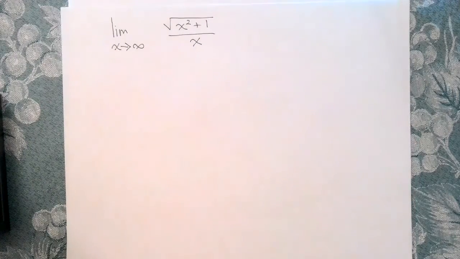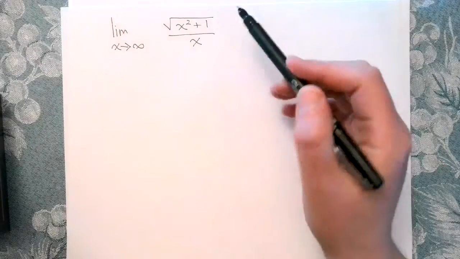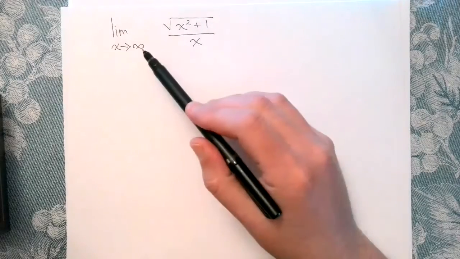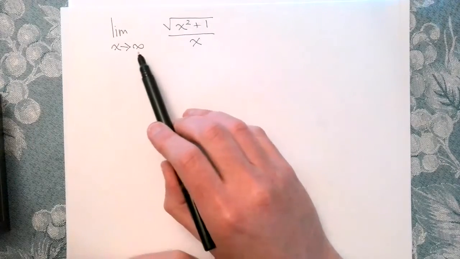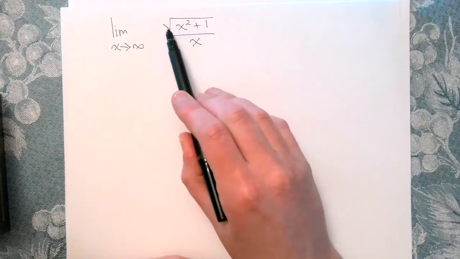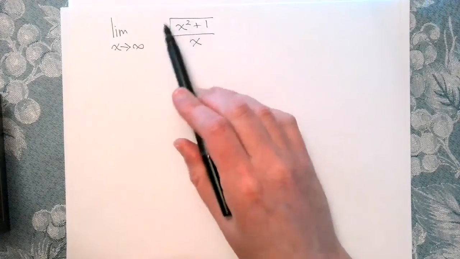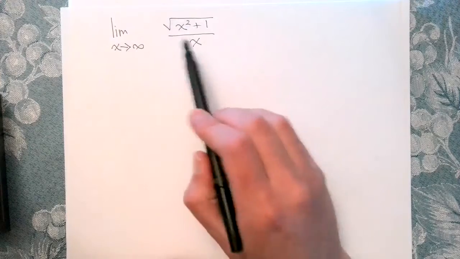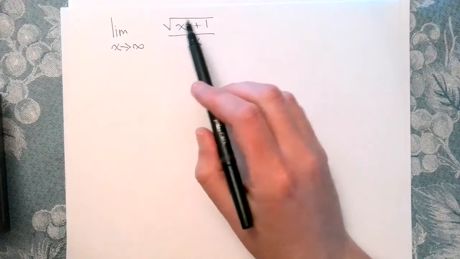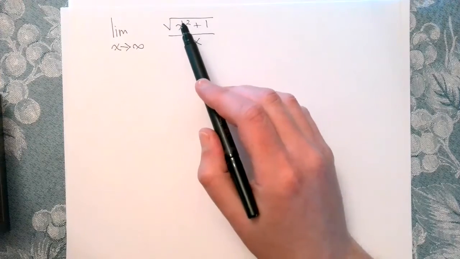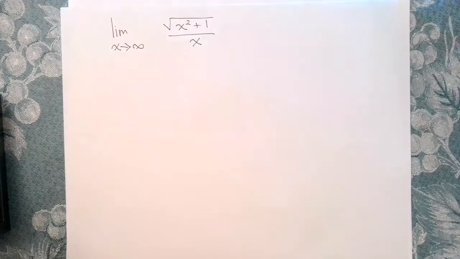So to use limit laws, what I want to do is look for x to the highest power as x gets big. As x gets big, this is really like the square root of x squared, which, since we're on the positive side, would be x. And as x gets big, this is x. So the highest power of x as x gets big would be x to the first.